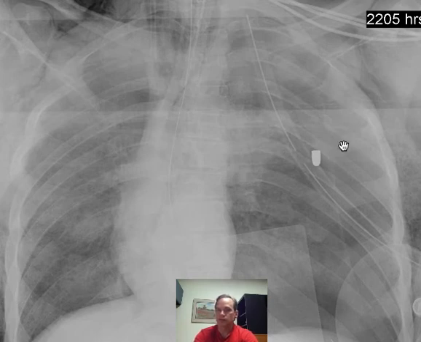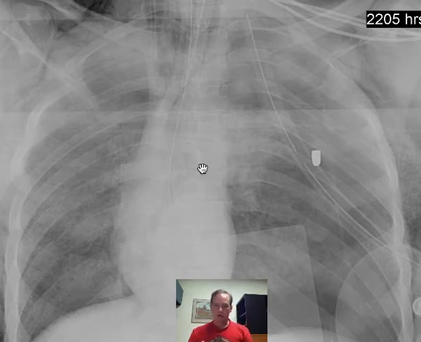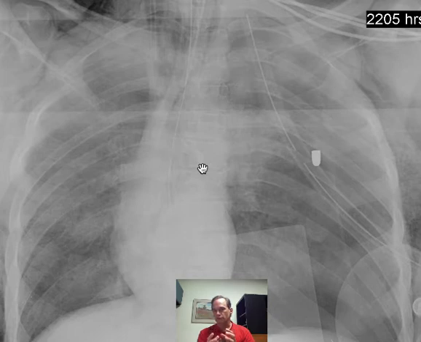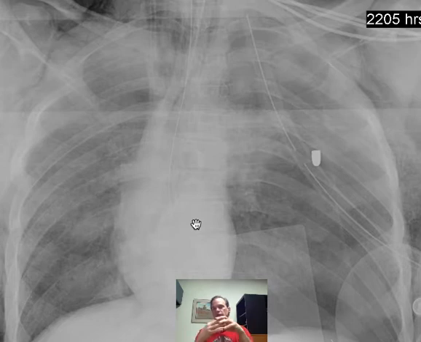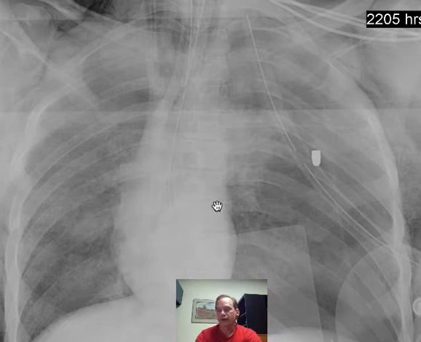Tension pneumothorax. Very significant, because this is compromising venous return to the heart, and when it's this severe, it's further compromising the ability of the ventricles to fully relax and fill as much as they need to. So you're limiting how much blood gets to the heart, and you're limiting how well the heart can contract.